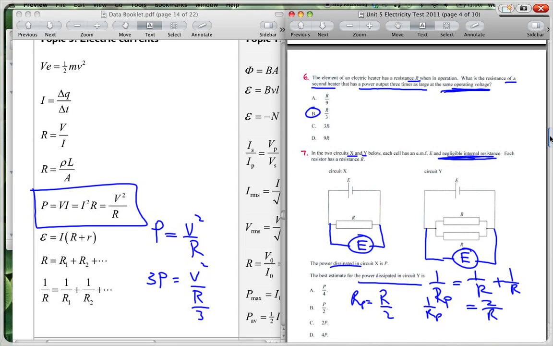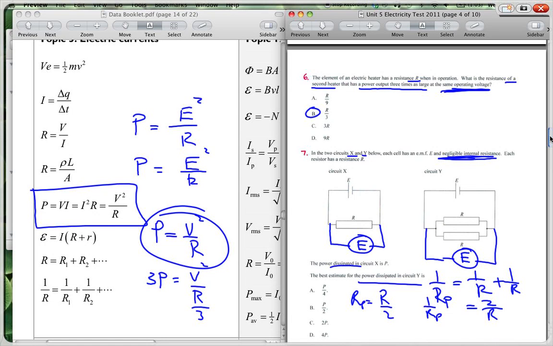So using this formula again, my power in the first one is E squared over R, and my power in the second one is E squared over R over 2. Now when I divide by a fraction, I invert and multiply, so that equals 2E squared over R. So I actually get obviously twice the power. So I'm going to get that over there.